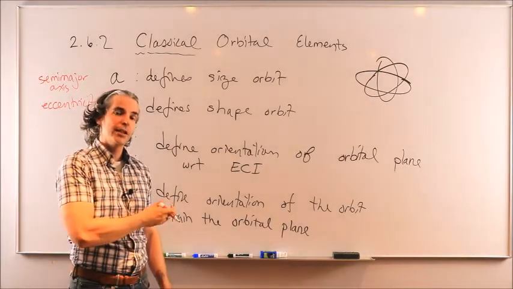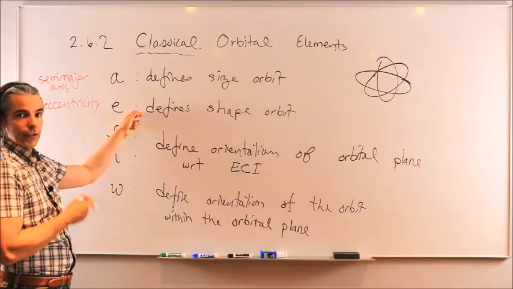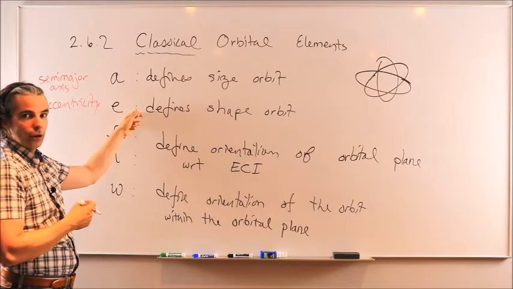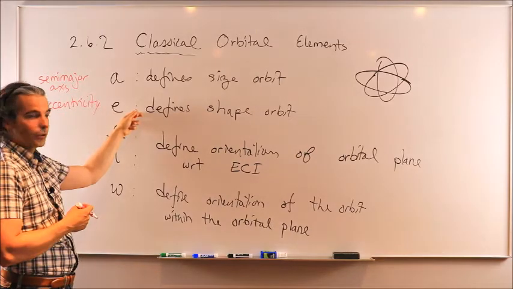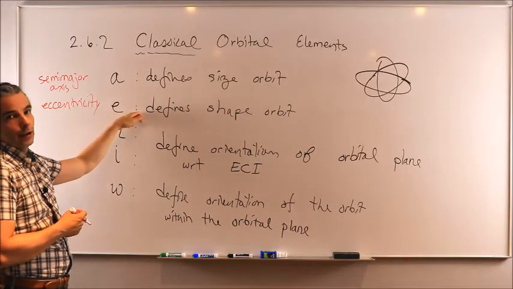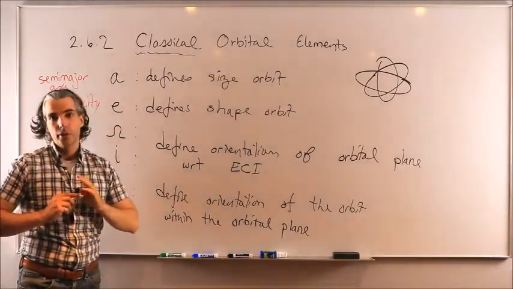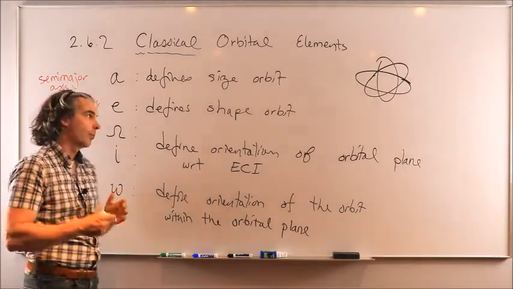And as we've seen in the past, this is only dictated by the value of E. If E is equal to 0, then we know that our orbit is going to be perfectly circular. If it's larger than 0 yet smaller than 1, this is going to be an elliptical orbit. Equal to 1 parabolic orbit, and larger than 1 hyperbolic orbit.